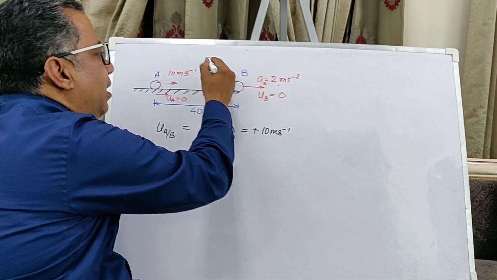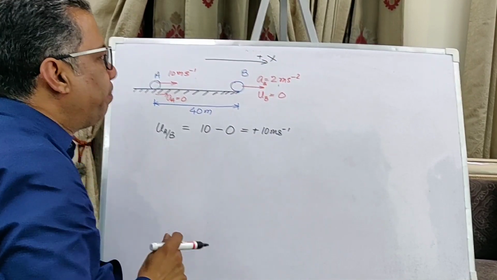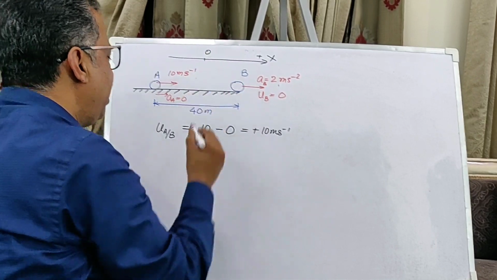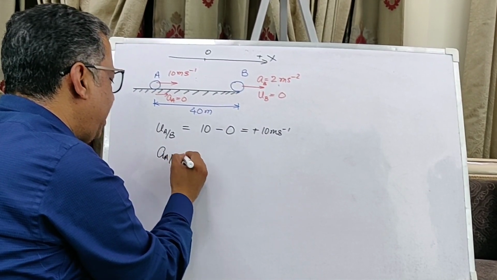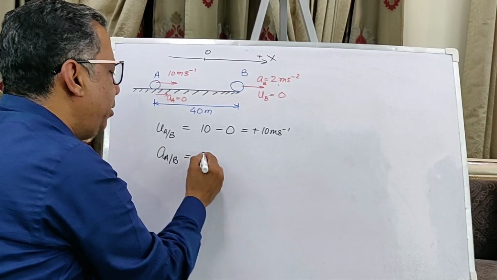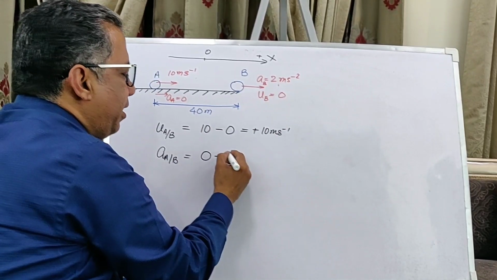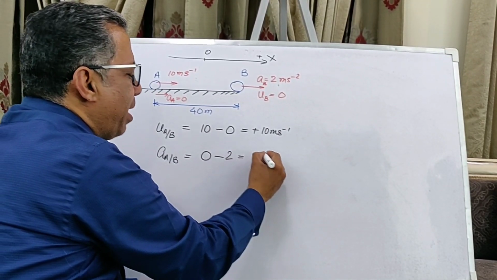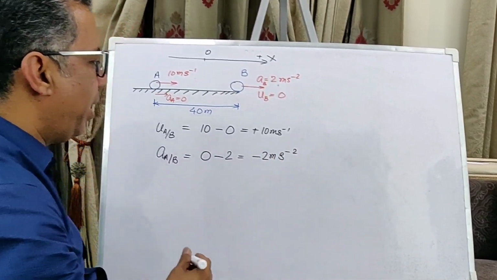Now we are taking the right direction to be positive x and the left to be negative x in this motion here. Now what is acceleration of A with respect to B? Acceleration of A is 0 minus the acceleration of B, and the acceleration of B is 2 meter per second square, so we have minus 2 meter per second square.